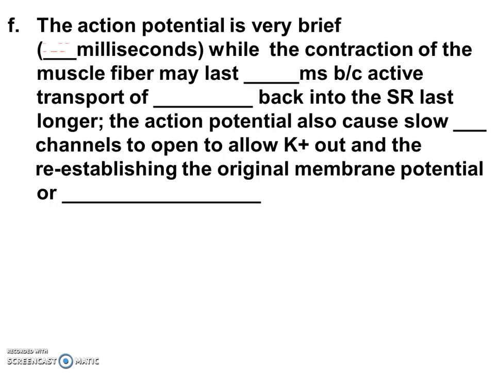The action potential is very brief, only a couple milliseconds, while the contraction of the muscle lasts hundreds of milliseconds. The reason why is that the nerve impulse or action potential caused calcium channels to open in the sarcoplasmic reticulum, and it's going to take a few milliseconds to get all of that calcium back into the sarcoplasmic reticulum.